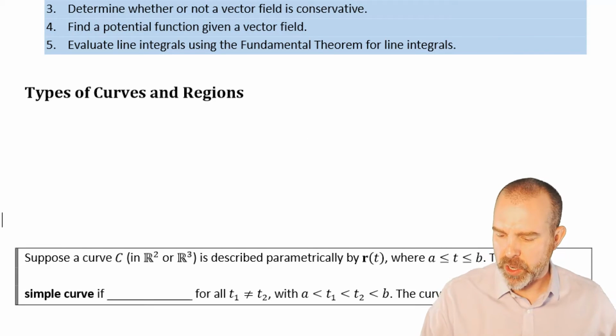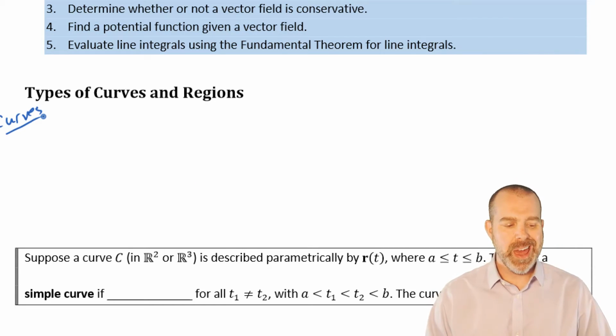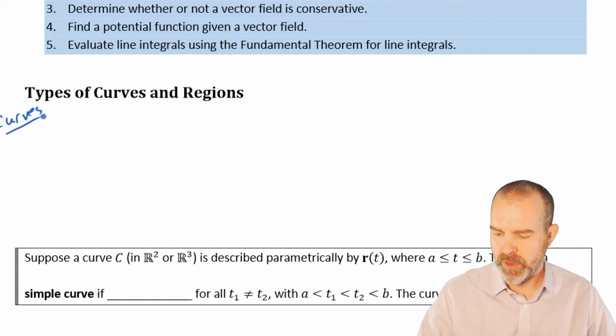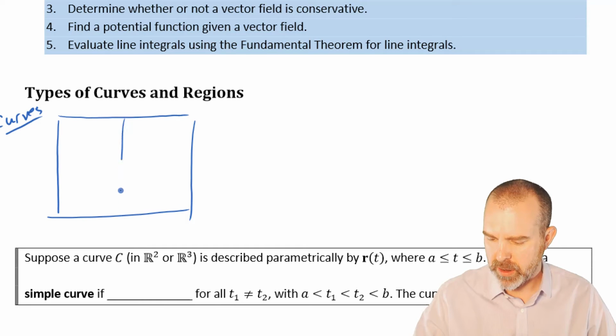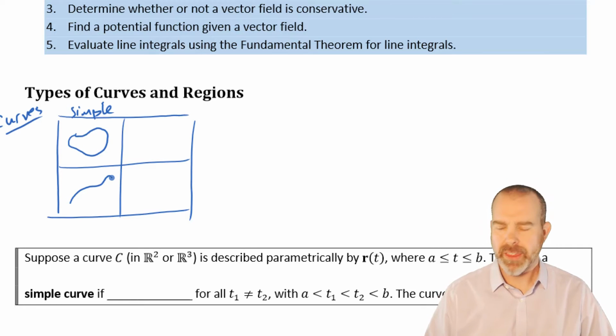First of all, for some curves, we can define whether it is a simple curve or a closed curve. So here I have some simple curves. Let's make a little grid. A simple curve might be something like a little loop or a path like that.